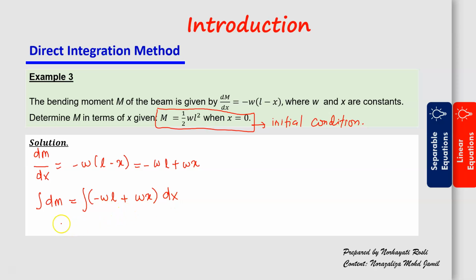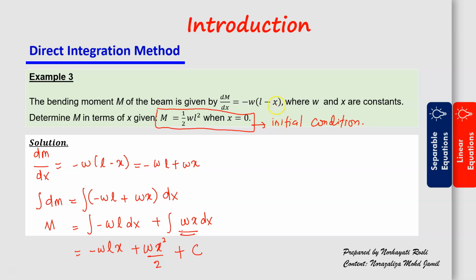I can expand this one: you integrate dM, you get M, which is equal to the integration of negative WL dx plus the integration of Wx dx. When we solve this part, negative WL is a constant. Integrating this one, you get negative WLx plus, integrating Wx, you get Wx squared over 2. But remember, need to add plus C.